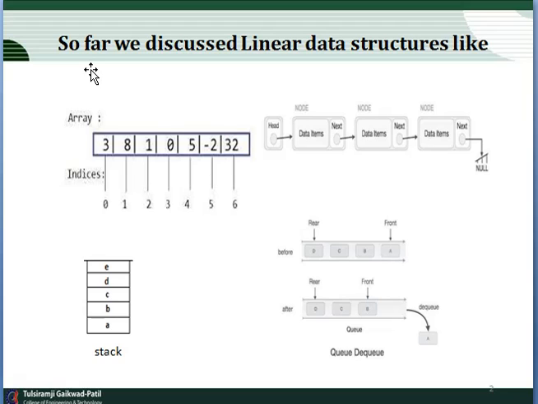Then next we have gone through the various things regarding queue. Again it belongs to the linear data structure, as well as we have also seen the linked list in the linear data structure already.